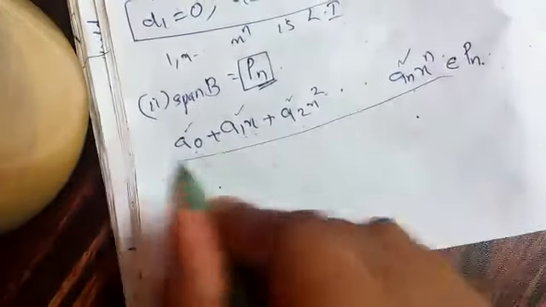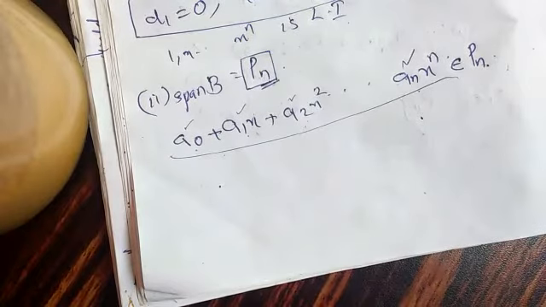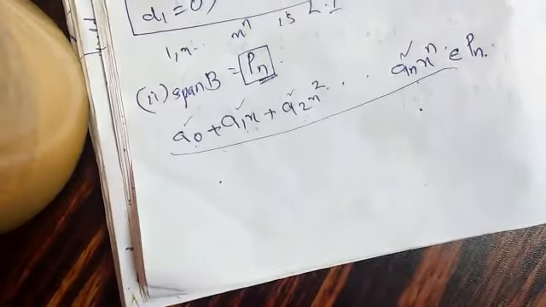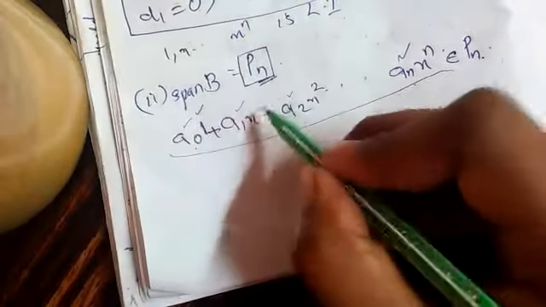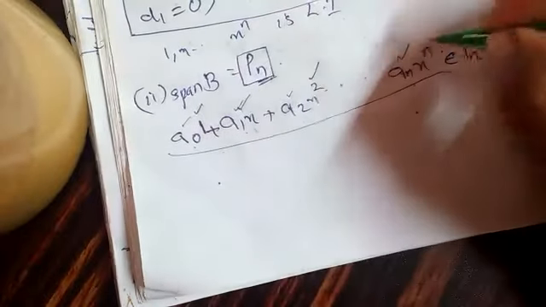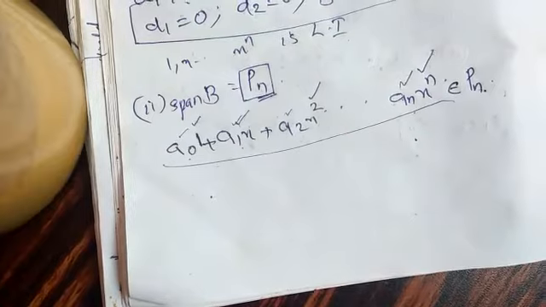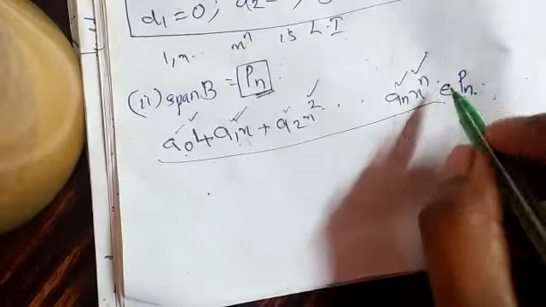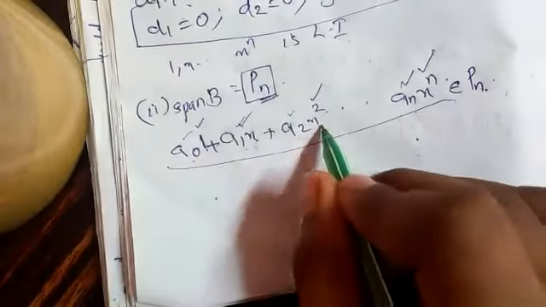So we can generally write a0 plus a1x plus a2x² plus etc., an xⁿ. Here you can see a0 into 1 plus a1 into x plus a2 into x² plus etc., an into xⁿ. That means here we get a linear combination of 1, x, etc., xⁿ.